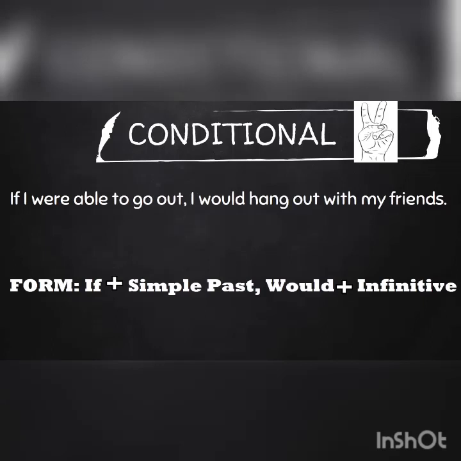Would plus hang out is the bare infinitive of the verb to hang out. You may ask why I said if I were and not if I was. It is more accurate in this form to say if I were, if she were, if he were, if you were, rather than if I was or if she was. That's the correct form if you use if.